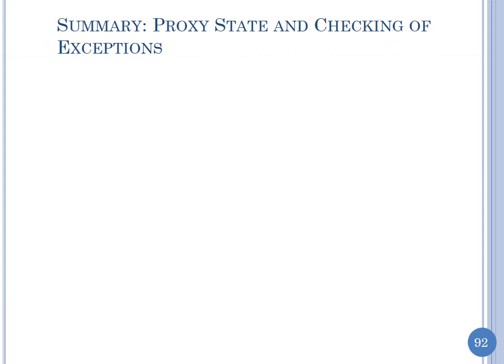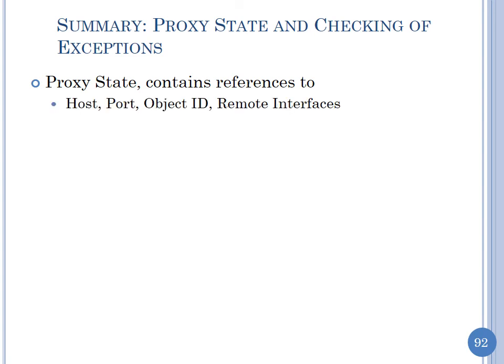Let me end this discussion on RPC, RMI. We divided this discussion into the basic concepts and the advanced concepts. Basic concepts allow you to implement your assignments. And for the advanced concepts, we looked at what the proxy state contains, and we saw some of the components of that state.